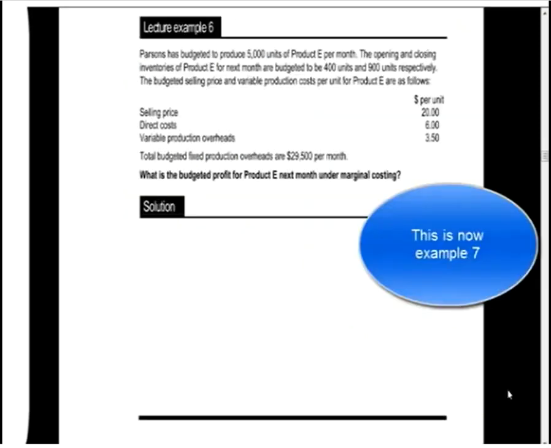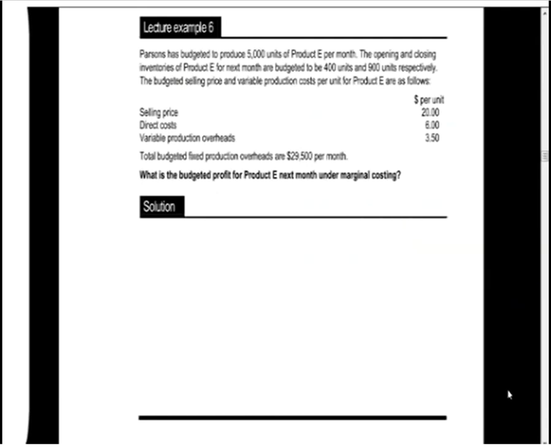In example 6, we're going to have a chance to put that shortcut into practice. We're given some information then for Parsons about its budgeted production of product E's, which are 5,000 units per month.